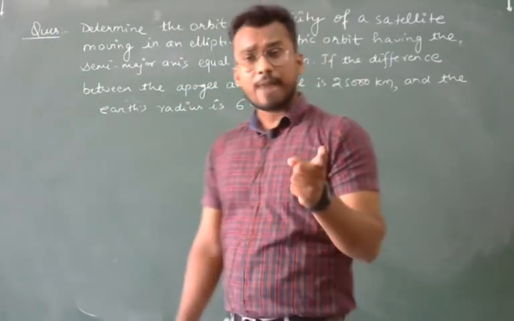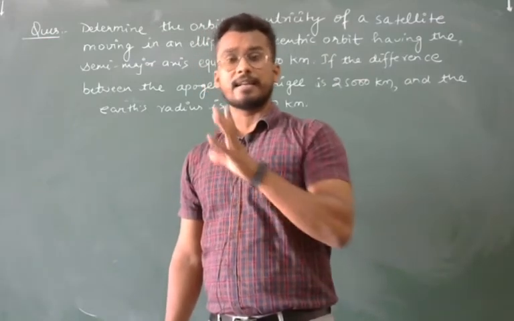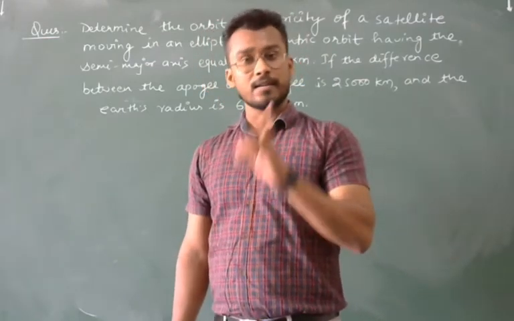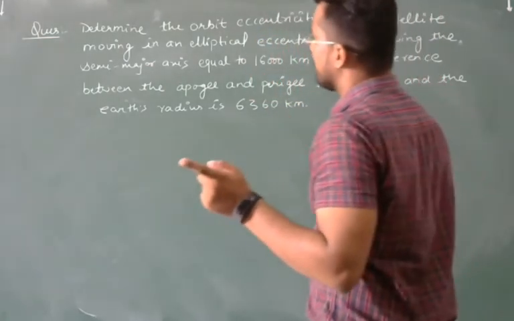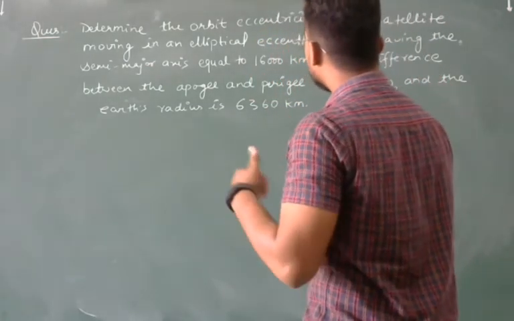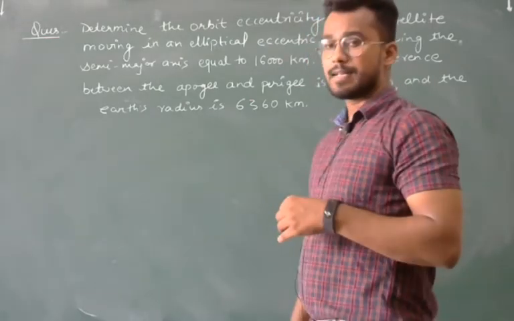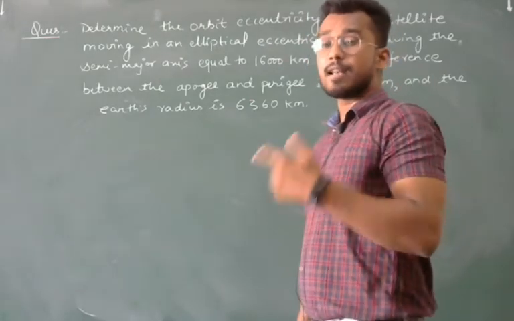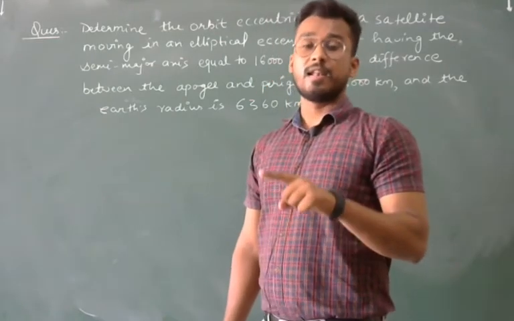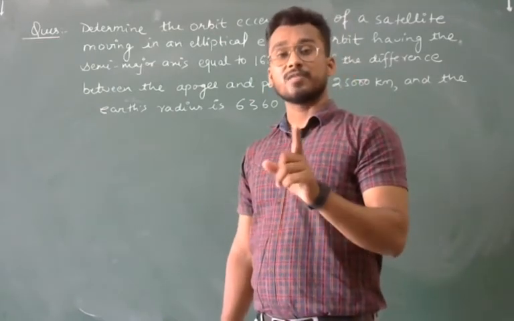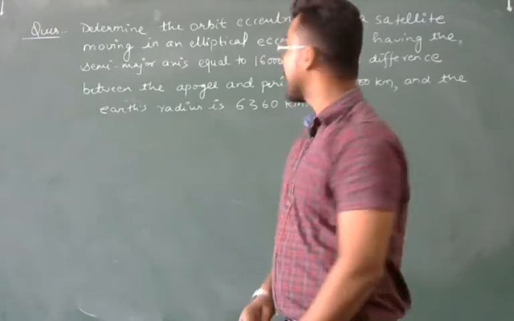So what do we have to find out? We have to find out the eccentricity, that means small e, of that satellite which is moving in an elliptical eccentric orbit. Since the satellite is moving in an elliptical orbit, the value of e will lie in the range of 0 to 1.